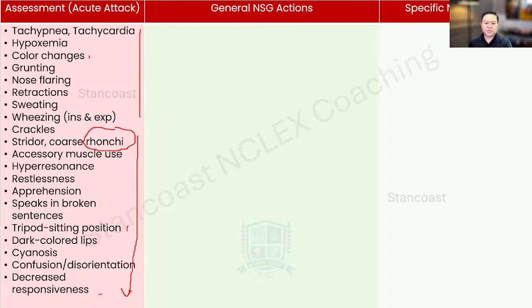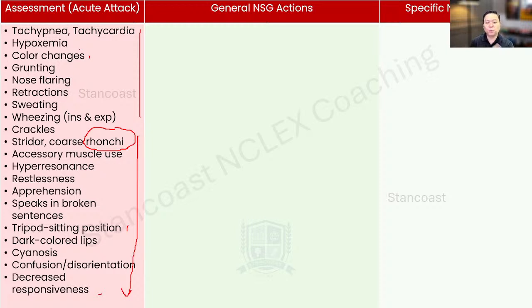Okay. Now, what are we going to do here? If you're the nurse taking care of a patient that has an acute asthma attack, what are you going to do? This is a very common NCLEX question, and make sure that you are using your critical judgment. You really want to reverse the airflow obstruction. This is ominous. The patient really has hypoxemia.